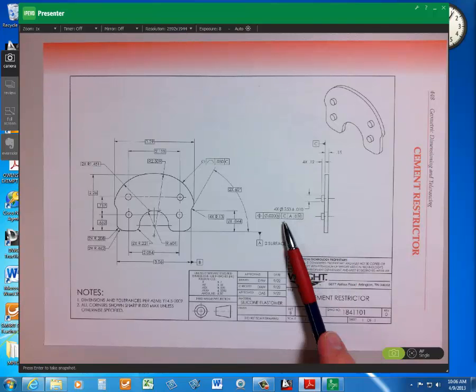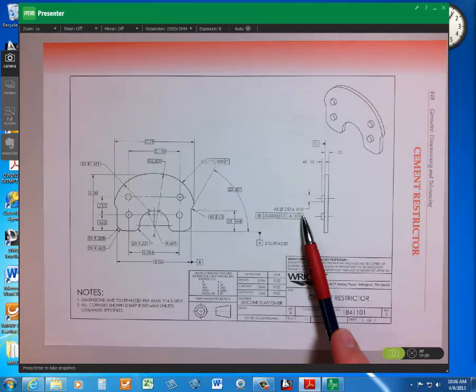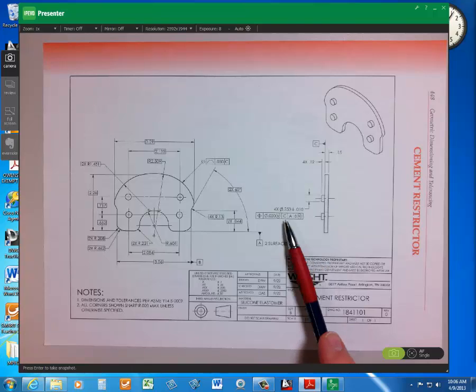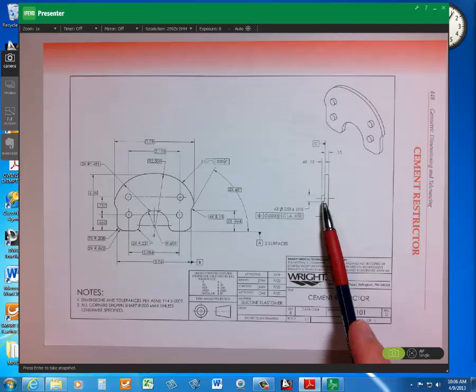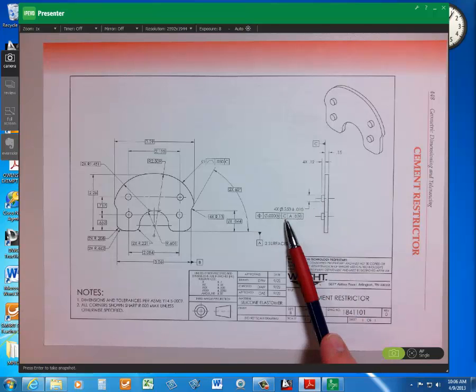Once again, it looks like it's all out of order here. It's not A, B, C. It does not have to be. Remember, your hole, or pin in this case, whatever datum it's perpendicular to, that would be listed first.